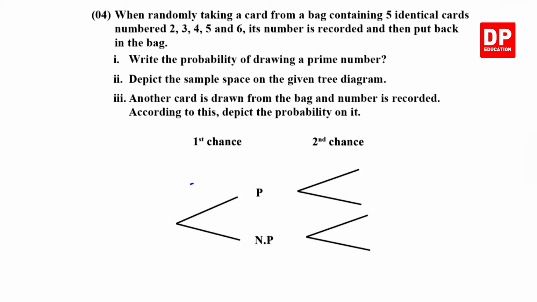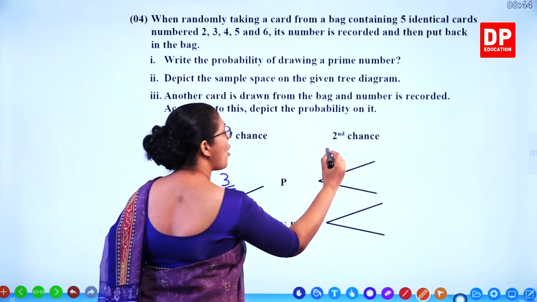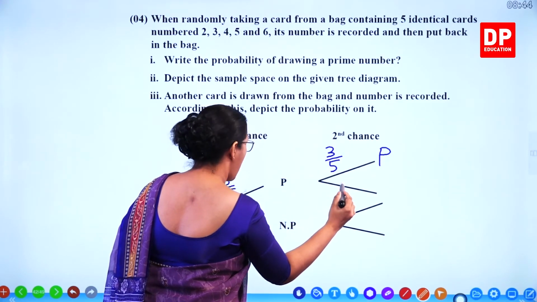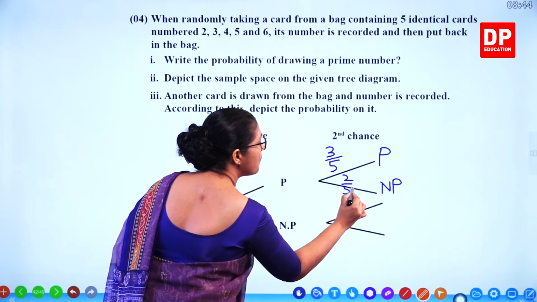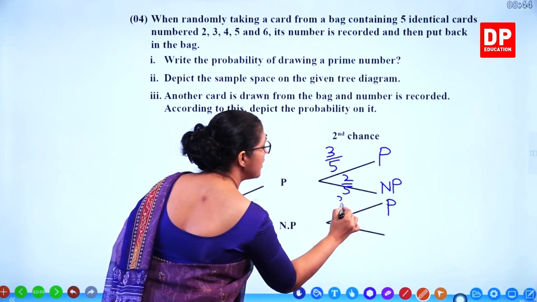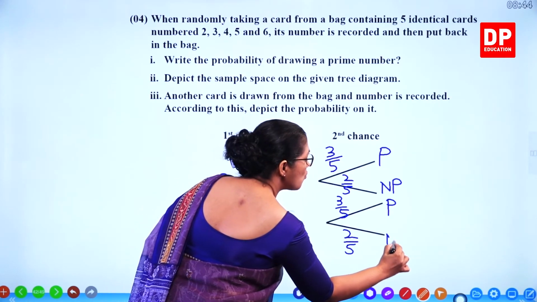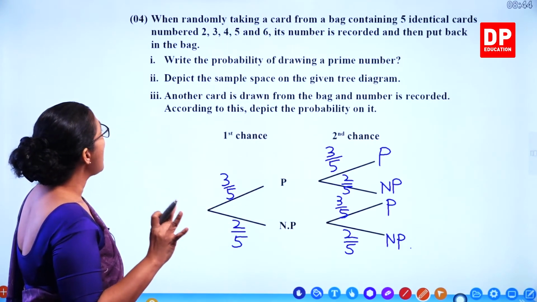And what's the probability of not getting a prime number? This is 2 over 5. Second time, again, same probability. Getting a prime number is 3 over 5 and not getting a prime number 2 over 5. So this is the full tree diagram.